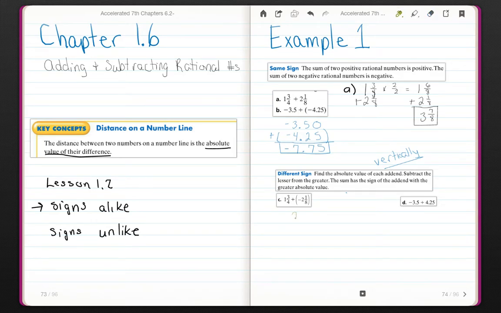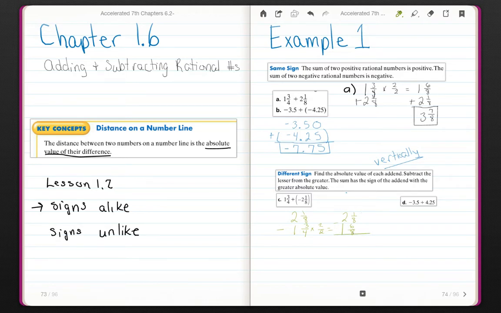So I'm going to have 2 1/8 minus 1 3/4. Well, again, I have to have a common denominator. So multiply by 2 over 2, and I get 1 6/8. Bring my 2 1/8 over, and now I subtract.